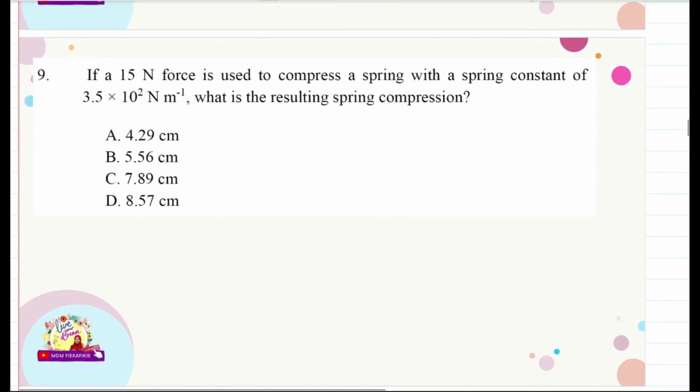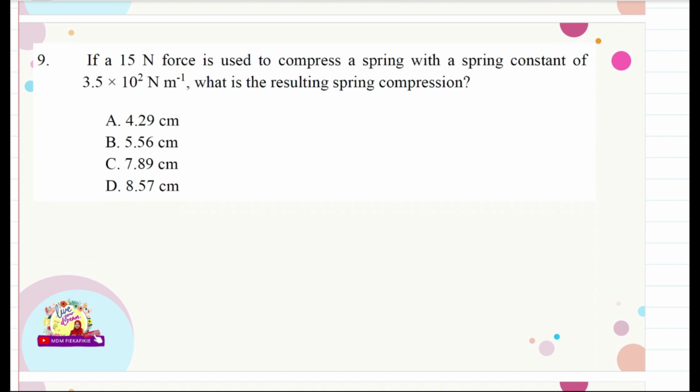And then question number 9. If a 15 Newton force is used to compress a spring with a spring constant of this one, what is the resulting spring compression? So that means we have the force F equal to 15 Newton, and K, the spring constant, is given.